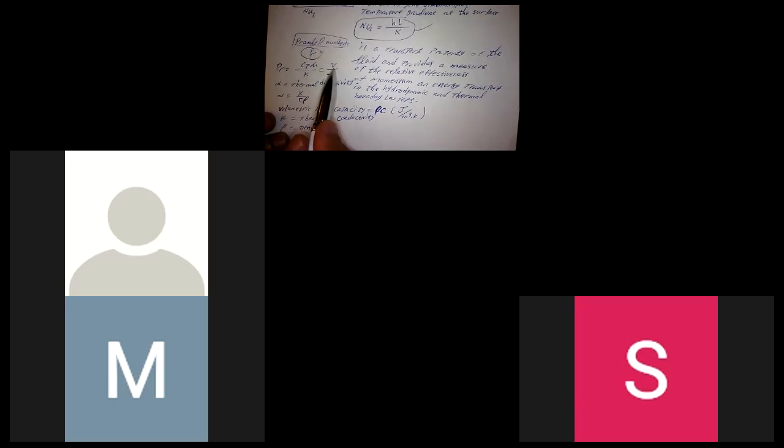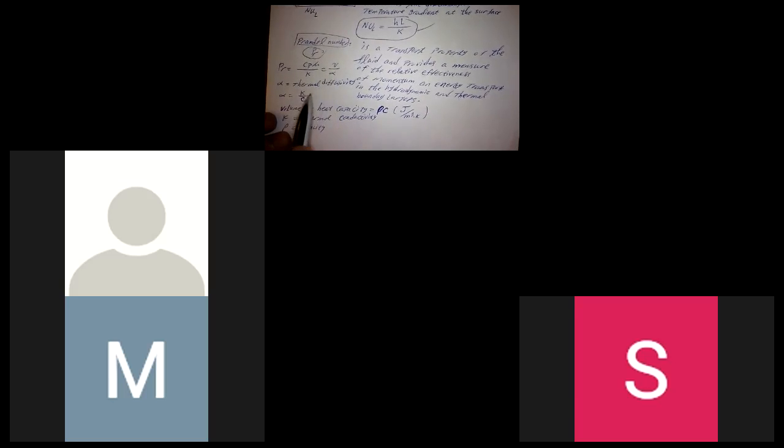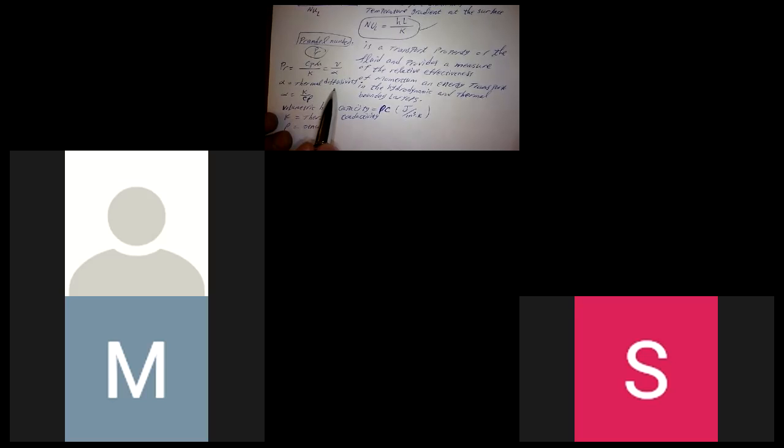And this can also be written as the kinematic viscosity over the thermal diffusivity. This is alpha now. In this chapter it is not absorptivity, they call it the thermal diffusivity.